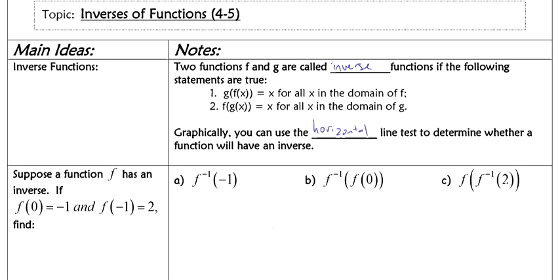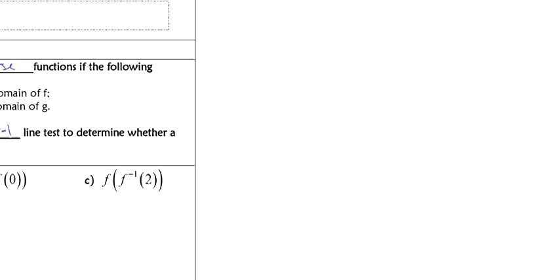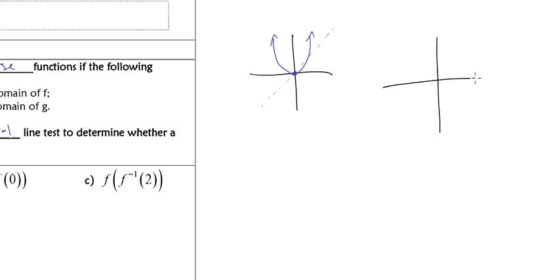And so let's talk through this real quick. Think of y equals x squared. If we have an inverse, it's going to get flipped across the line y equals x, and as we do that, we would end up with x equals y squared.